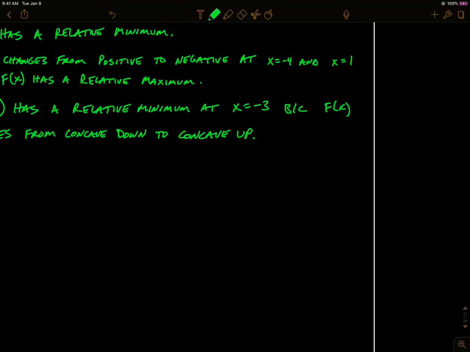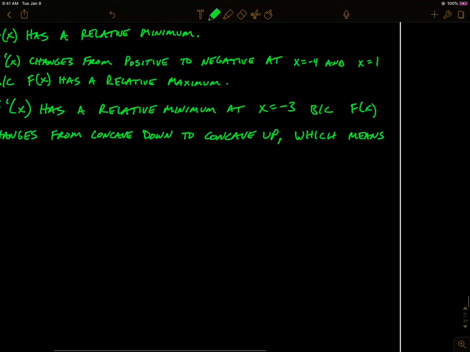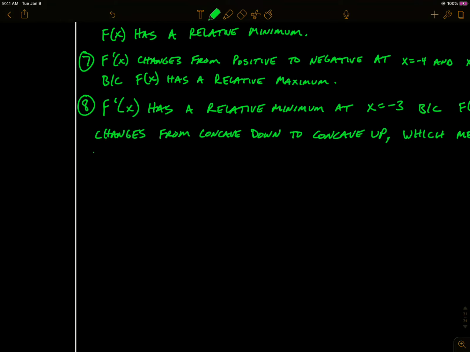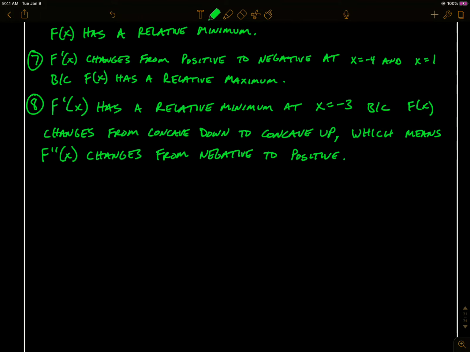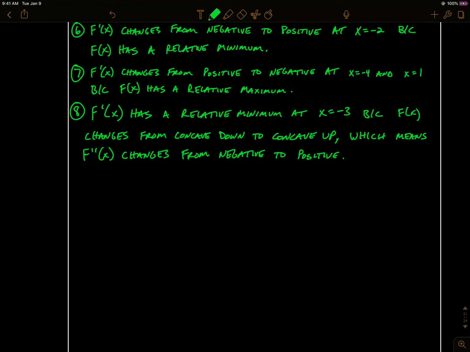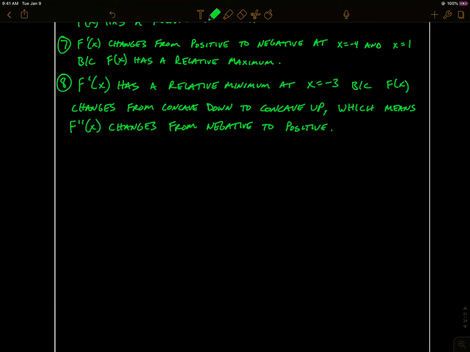Which means, I'll put a comma here, this just sort of explains why. I know we're only supposed to be talking about f prime, but we know that f double prime changes from negative to positive. That's how we know that f prime has a relative minimum, because its derivative switches from negative to positive. So that's where it would have a minimum.